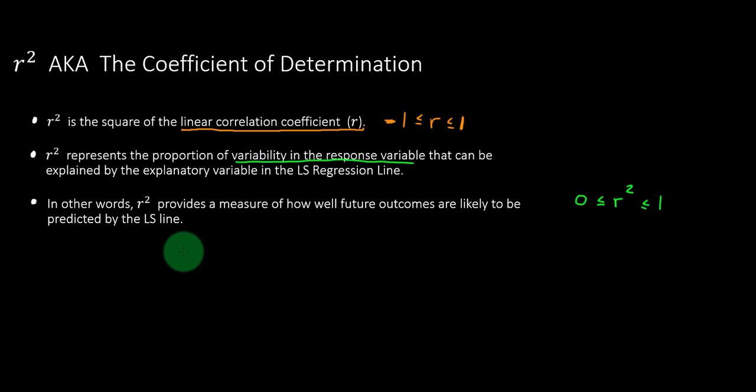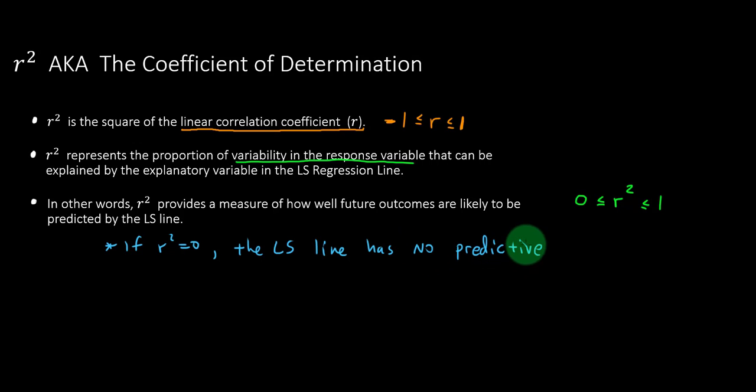Let's talk about those limiting values. If R-squared was a 0, that means that the least squares line has no predictive power, that the variables are not correlated, and therefore using one variable to predict the other is useless.